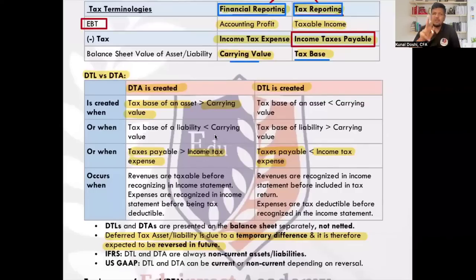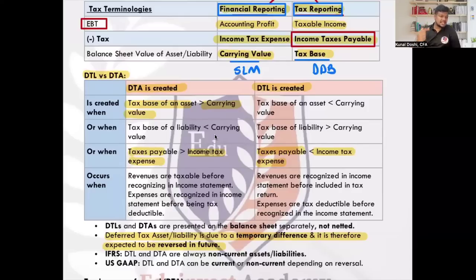Suppose there are two different types of depreciation, SLM and double declining. Let's say in the first year, for tax I use double declining depreciation, and for financial reporting I use SLM. Where do I have more depreciation, in the financial or tax reporting? In the tax reporting, initially, right?